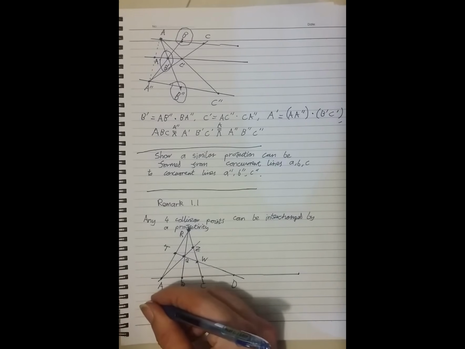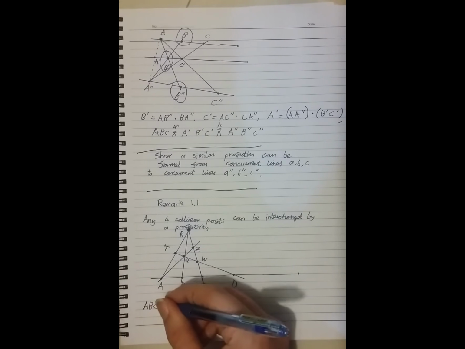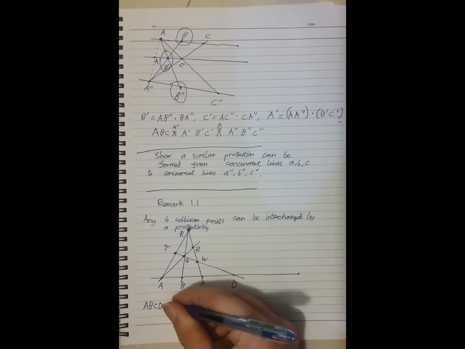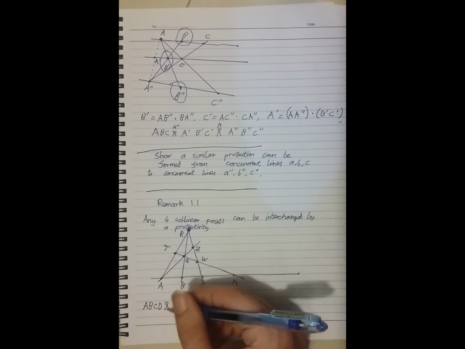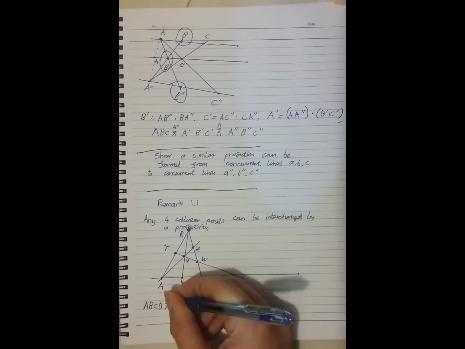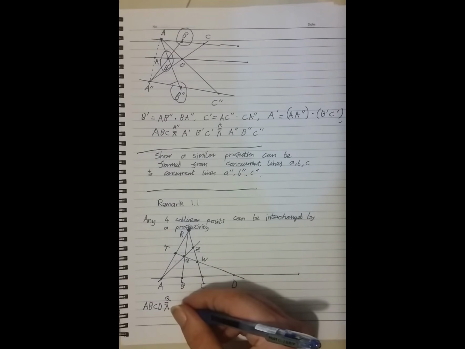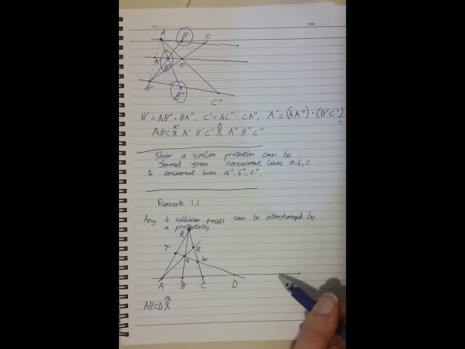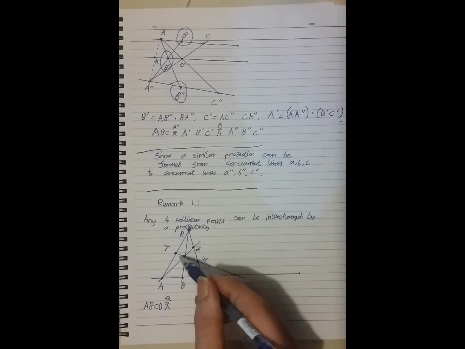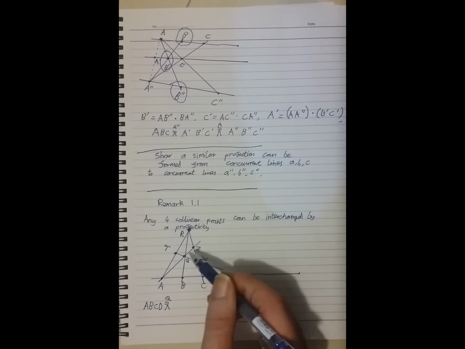In particular, if we take A, B, C, D, and we do a perspectivity about the point Q, we're looking at this line and doing a perspectivity around this center.